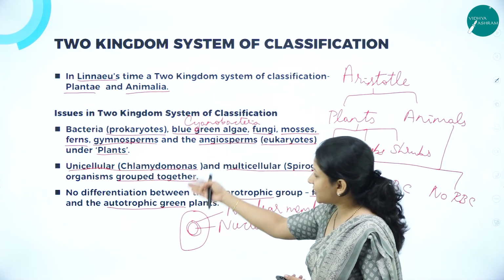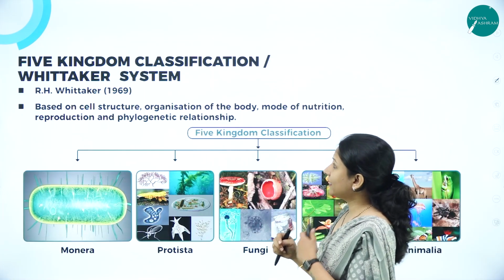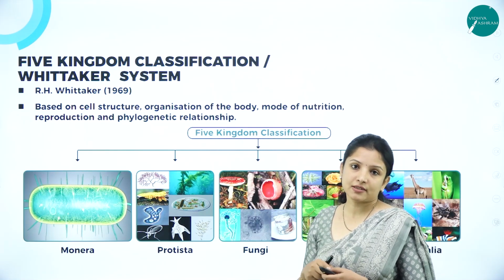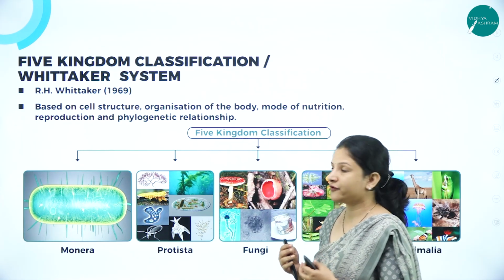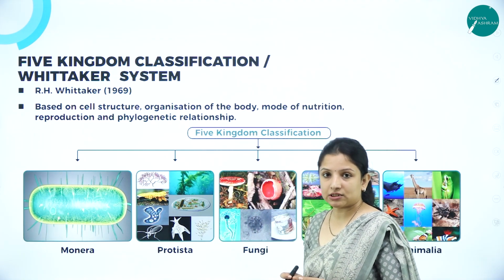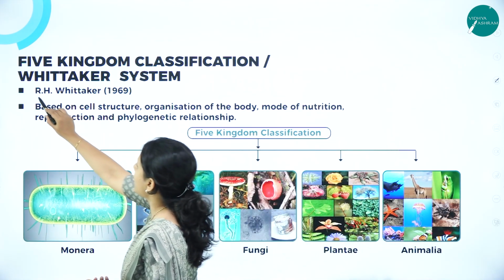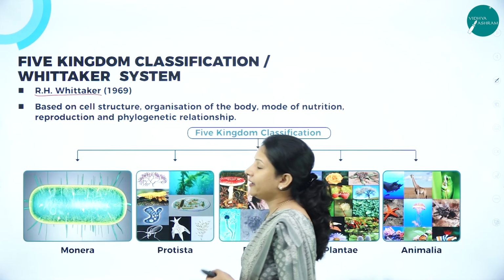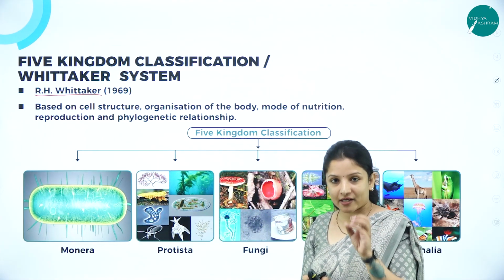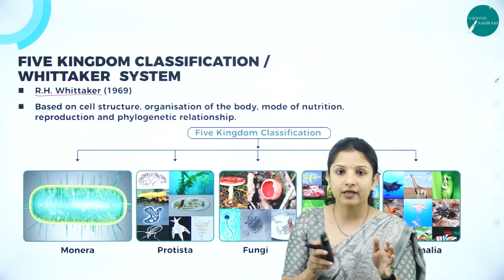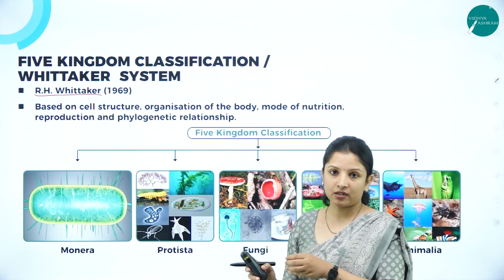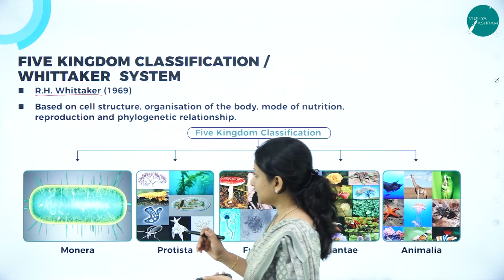Because all these issues were there, that is why they went in for the 5-kingdom system of classification, to rectify this or to avoid confusion. The 5-kingdom system of classification was given by R.H. Whittaker, and he considered a few characteristics while classifying the organisms under these 5 kingdoms. What are those characteristics? We shall look into it.